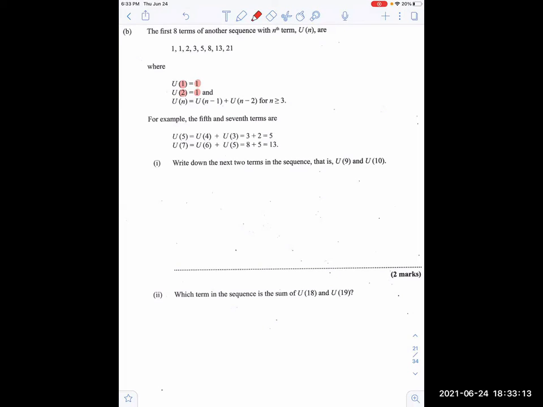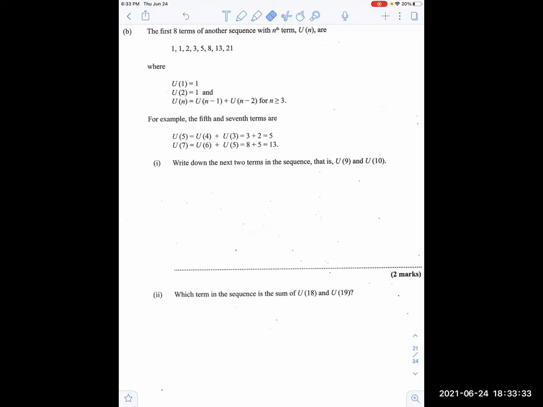Un is Un minus 1 plus Un minus 2. So it's looking somewhat confusing, right? The first instant, when you look at the question, it's looking somewhat confusing, but it is not.